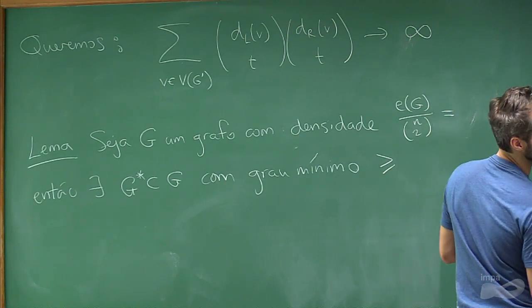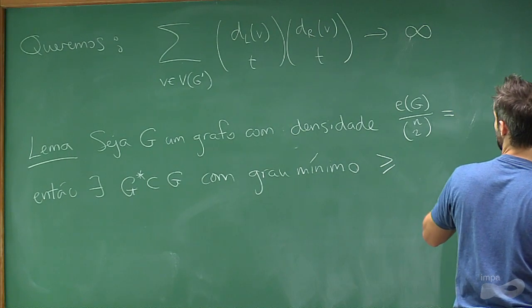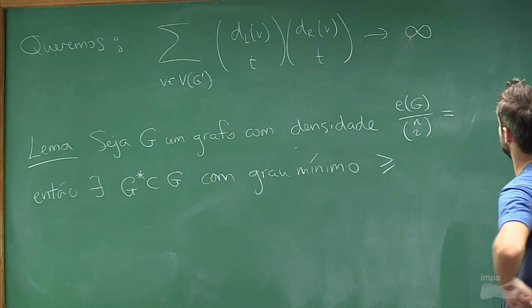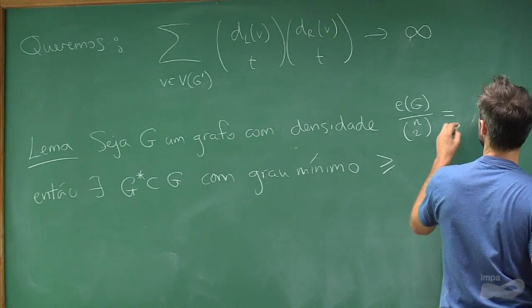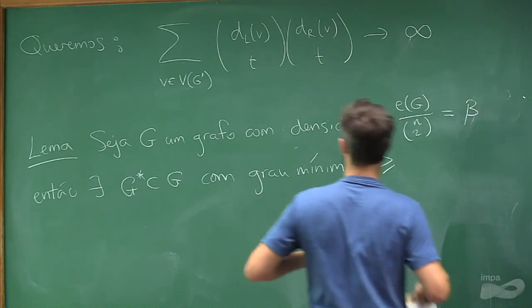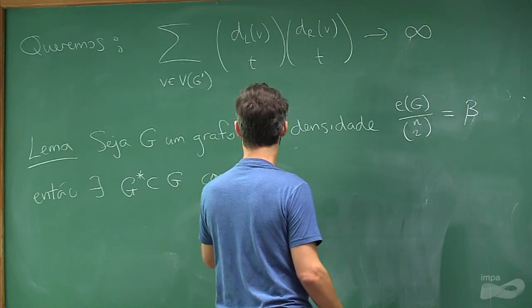Let's call that, I called it alpha over there, didn't I? I'm not going to call this d, perhaps. What's a good letter? All right, beta.